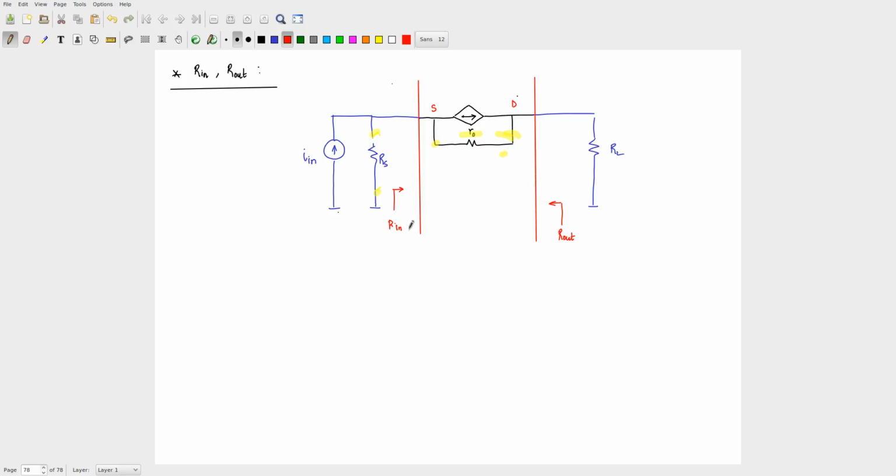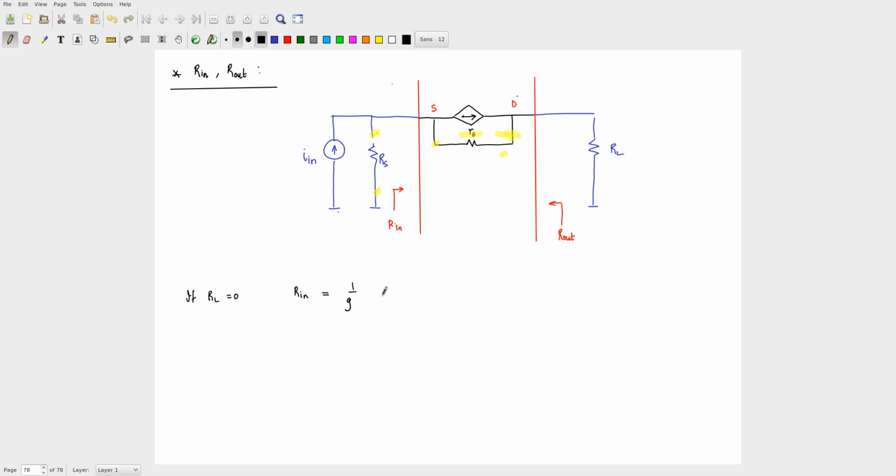Okay, because I have not done the calculation with RL. So, you calculate it at home. Okay, I will give you the answer without RL. Okay, if RL is 0, in that case it is actually very straightforward. You can find out R in to be equal to 1 by GM parallel R0.